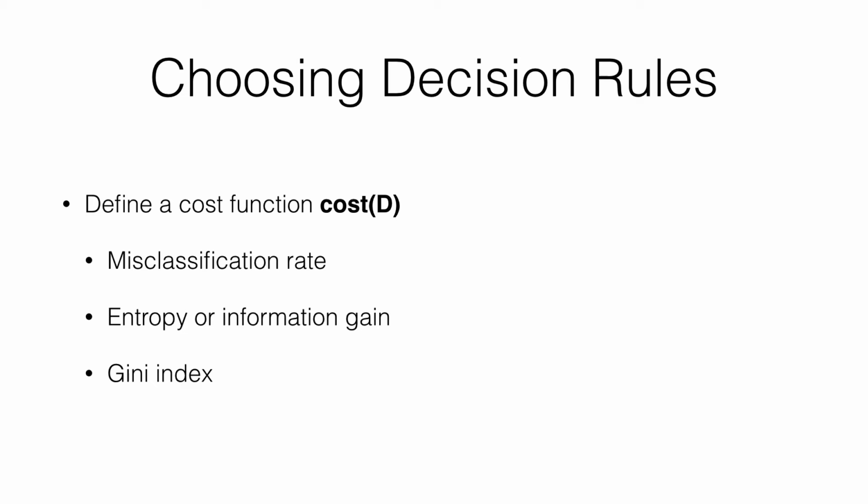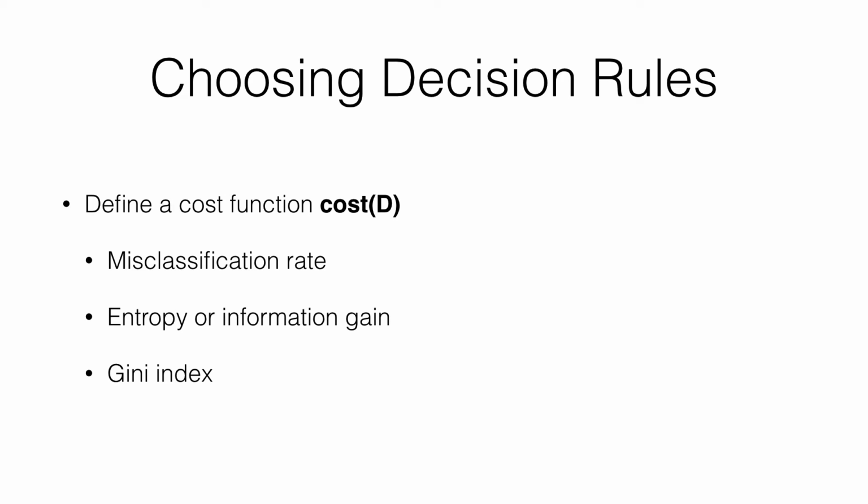In particular, what is defined as a good decision rule is one that creates a split in the data that minimizes some cost function. So you initially have some cost function over the full data set D, and then you ask for any possible decision rule, what is the resulting cost going to be if we split the data according to this decision rule? And then usually you just choose the rule that gives you the maximum cost reduction.